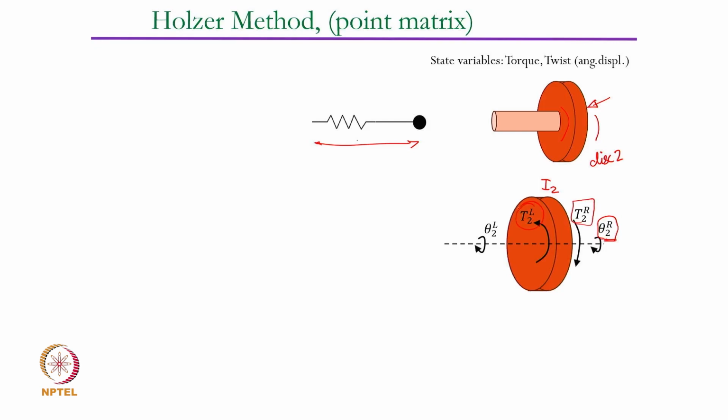T2L will act on the left side of it, and the twist on the left hand side will be equal to theta L2. That is how it is going to be. These two opposing torques are going to keep this in equilibrium, okay.